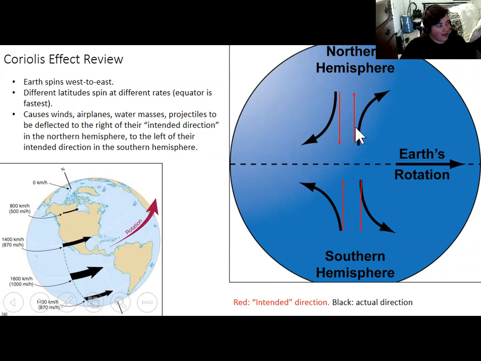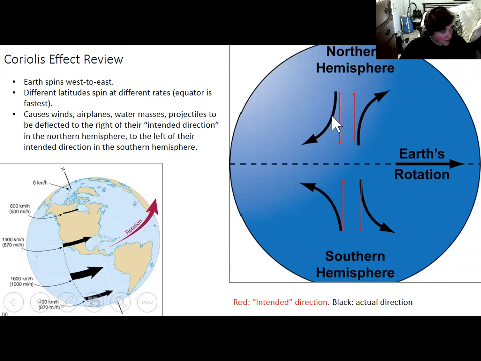When you're flying up in the air, you are still spinning at the rate you were at the point where you left from, and you are essentially spinning too fast. You're being dragged in the direction of Earth's rotation and ending up to the east and to the right of your original direction.